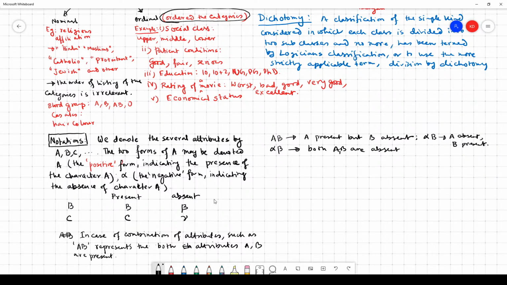So another example. Suppose I consider three attributes A, B, C. In that case, A B gamma indicates A, B both present but C absent.